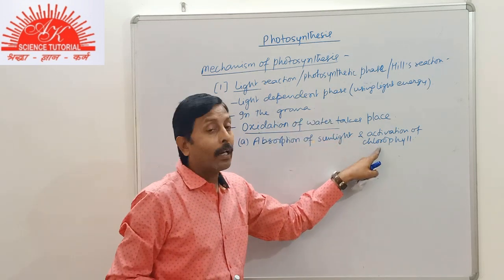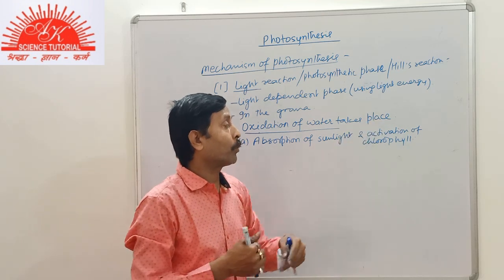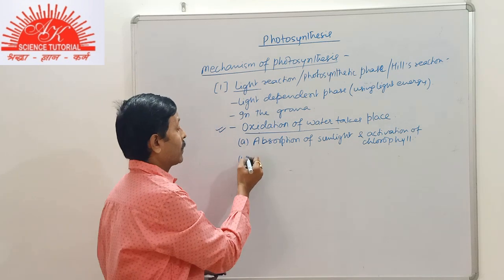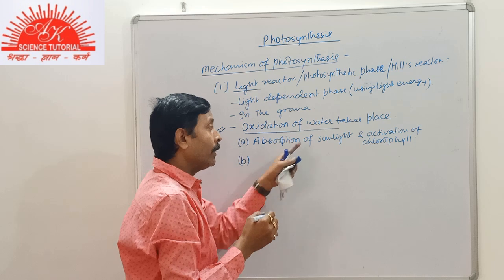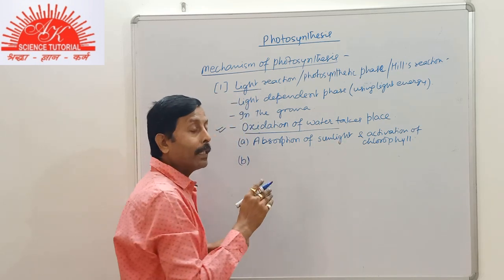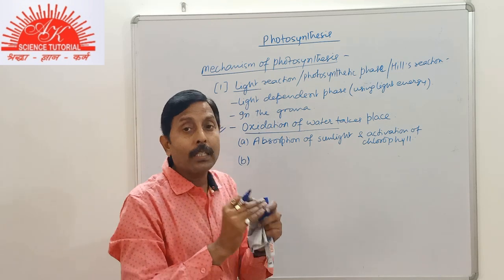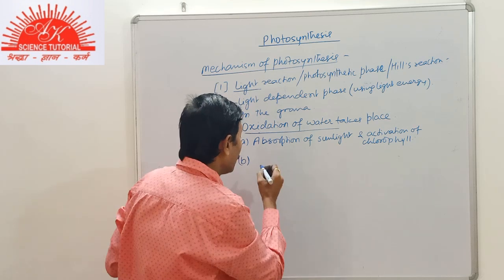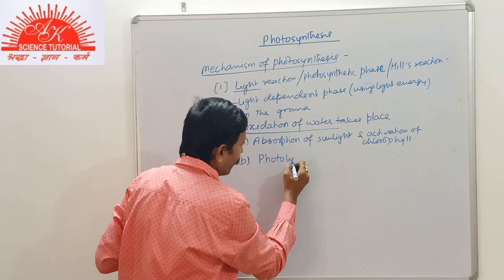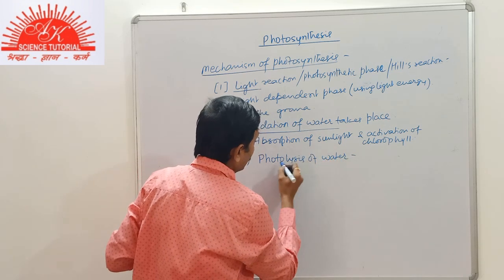Actually, chlorophyll now serves as the catalyst for the next process taking place. Second step. Now, using the light energy of the sun, chlorophyll helps in splitting of water molecule into H plus and OH minus ions, and this is termed as photolysis of water.